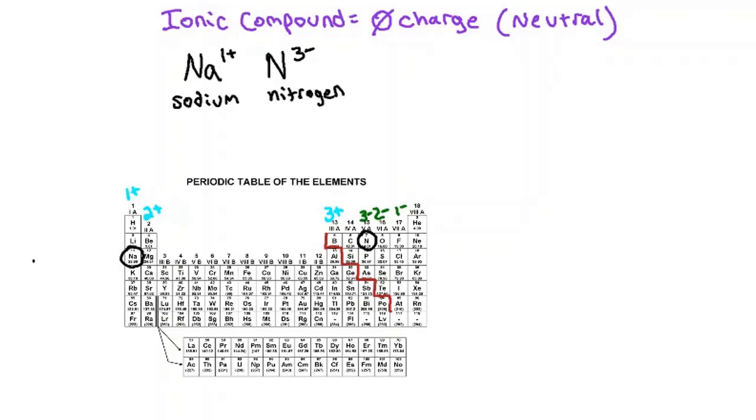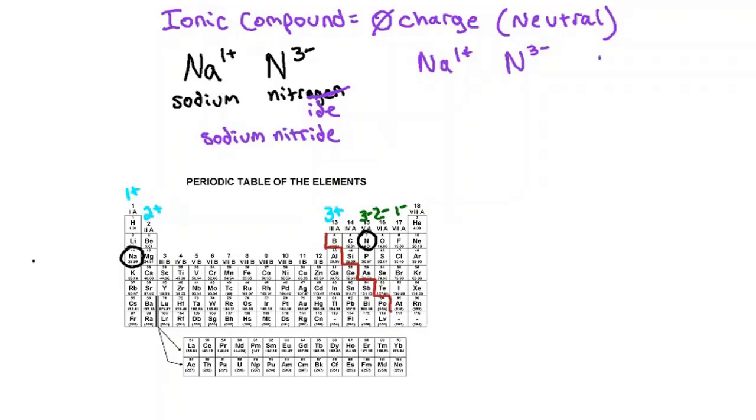But since we're doing an ionic compound, we're going to cross out this "ogen" at the end, and we're going to add "ide". So that makes sodium nitride.